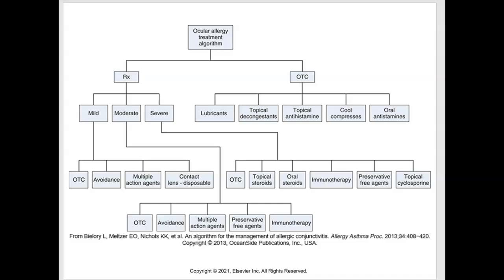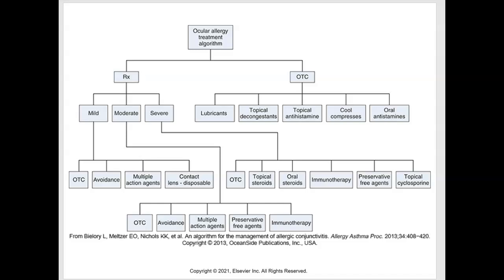So you do a good history and review of symptoms with the patient, and you determine, okay, are we mild, moderate, or severe? And you can notice that mild, they're pretty okay with still using our over-the-counter medications, or to avoid the allergen, right? Well, that makes sense. And then think about our contact lenses and whether or not those could be worsening or irritating or trapping the allergen in our eye.